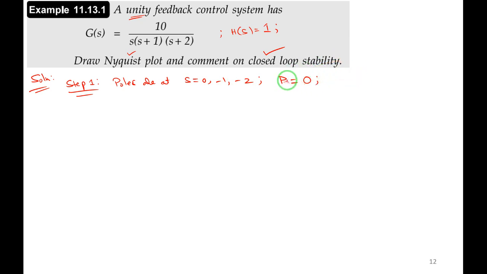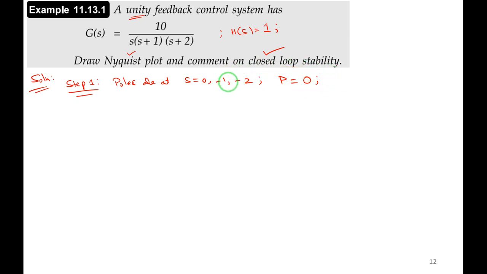I hope you are getting it. None of the poles are lying in the right half of the S plane. One pole is at the origin. The remaining two poles are in the left half of the S plane. So we are taking P to be 0. This P tells us the number of open loop poles lying in the right half of the S plane. Suppose the poles are 0, plus 1, plus 2, meaning 2 poles are lying in the right half, so we would take P equal to 2.